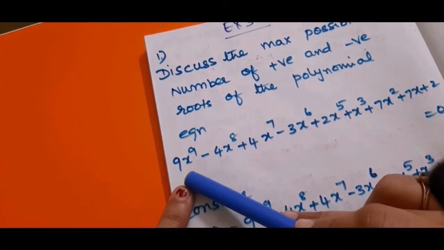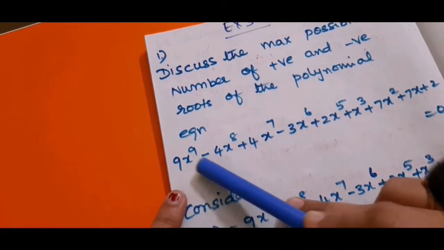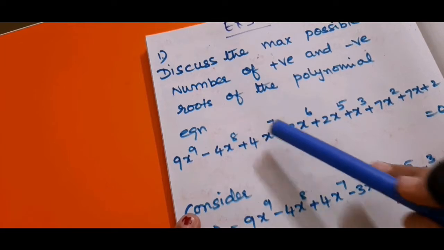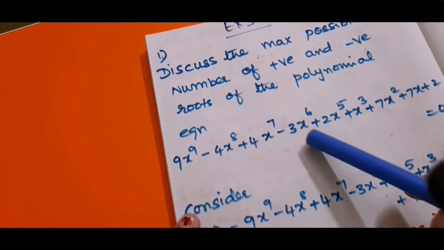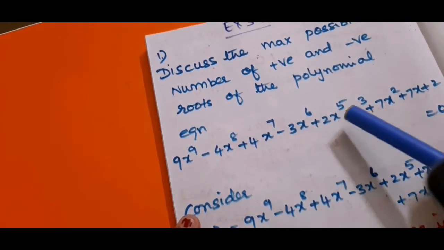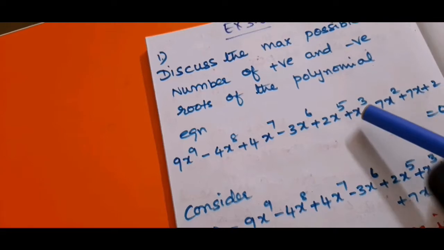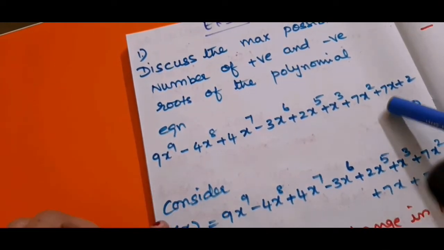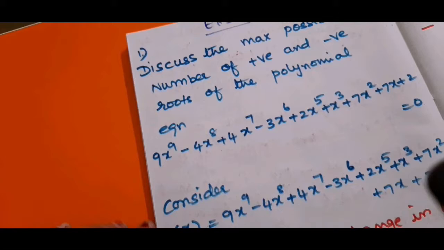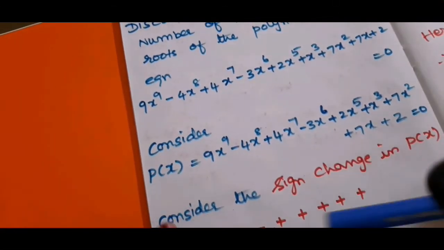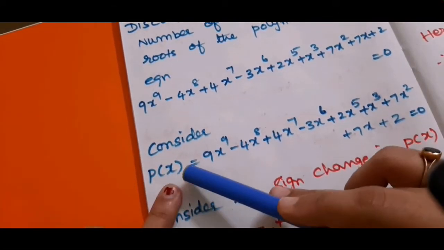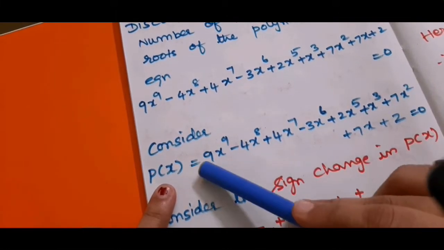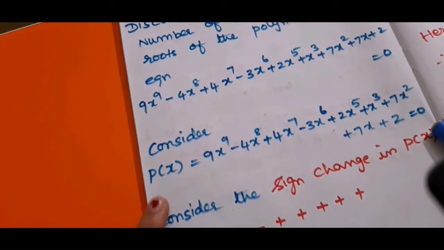The equation given is 9x power 9 minus 4x power 8 plus 4x power 7 minus 3x power 6 plus 2x power 5 plus x cube plus 7x square plus 7x plus 2 is equal to 0. What is the first thing? I consider p of x as the given polynomial, so I write the polynomial as given.